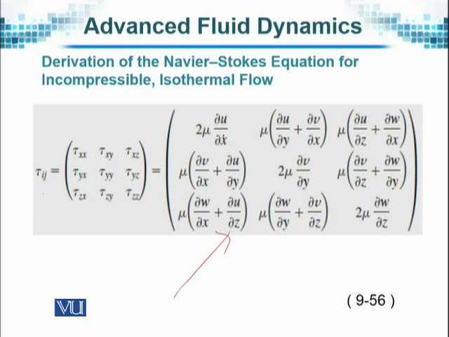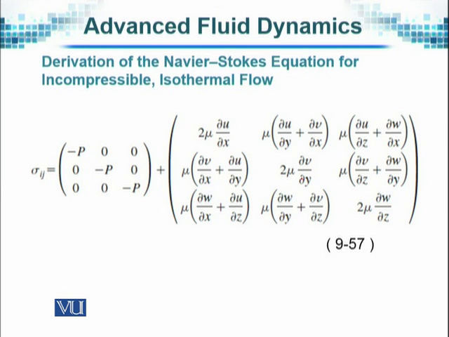So this is 1, 1. And that is why there will be two such components: partial derivative of u by x plus another mu times partial derivative of u by x. And the similarity you see in other terms as well. And the remaining terms are shown as indicated. This we write in this form as well.